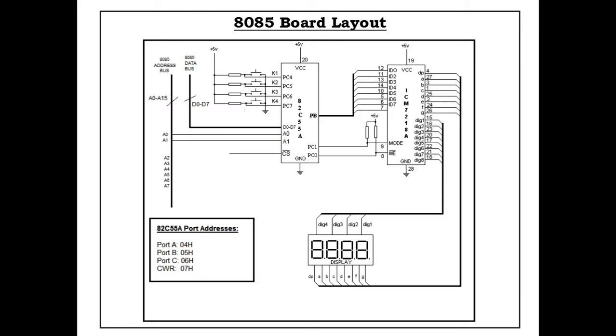This is a diagram in which you are using 82C55A to interface a display controller and a keyboard consisting of 4 switches. Okay, this is the arrangement. You don't have to understand much right now, just see what is happening.